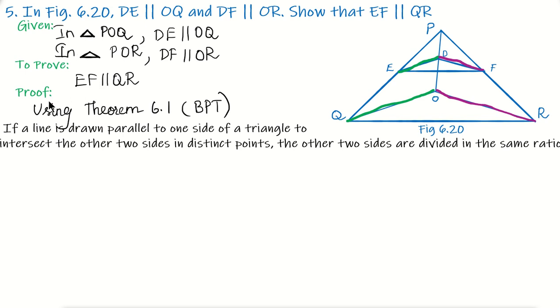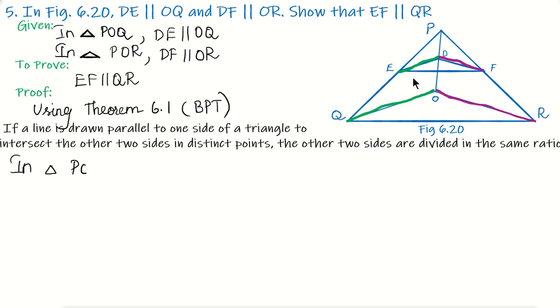Now proof section, using theorem 6.1, that is BPT theorem statement quote பண்ணிருக்கோம். If a line is drawn parallel to one side of a triangle, that's what DE is drawn parallel to one side of a triangle OQ to intersect the other two sides at the points D and E, then the other two sides are divided in the same ratio. அப்படிங்கிற theorem இங்க apply ஆறதுனால we can mention in the triangle portion.